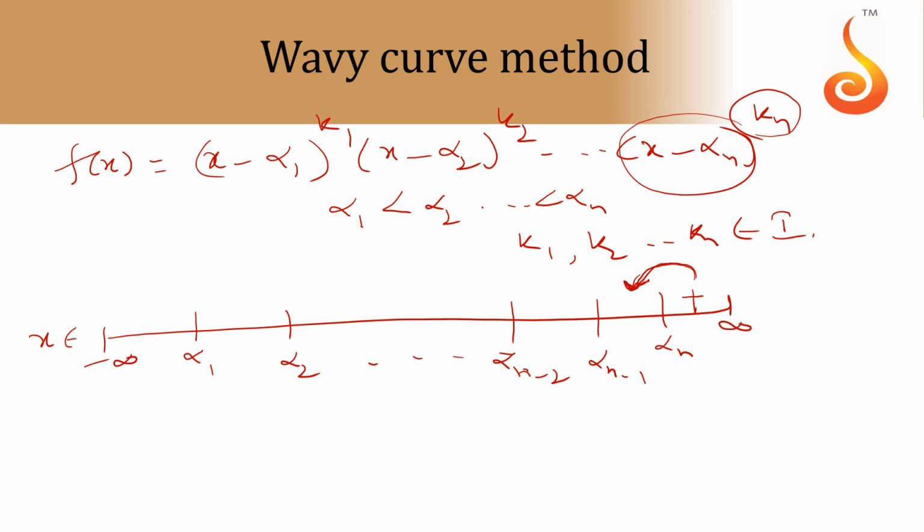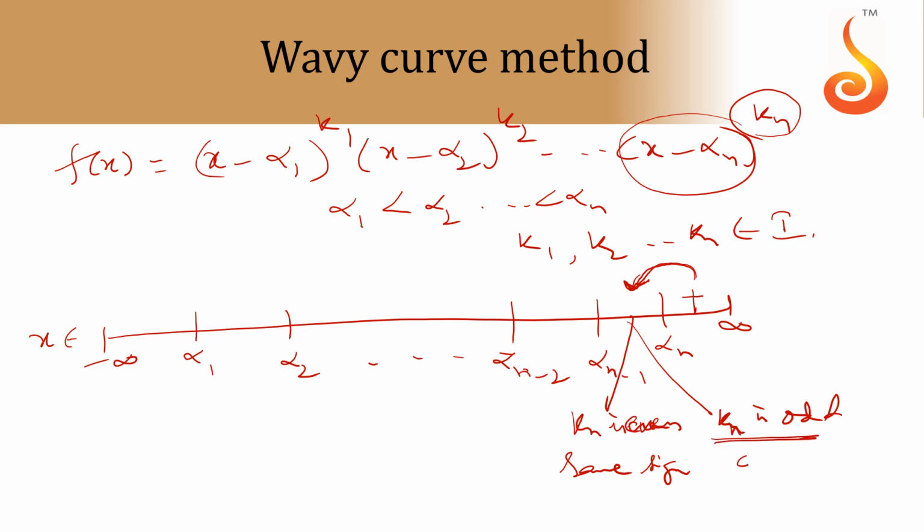In this region, if kn is even, whatever sign, the same sign we will write. If kn is odd, the opposite sign you will write. Suppose kn is even, what is the sign here? Plus will come. If kn is odd, minus will come.